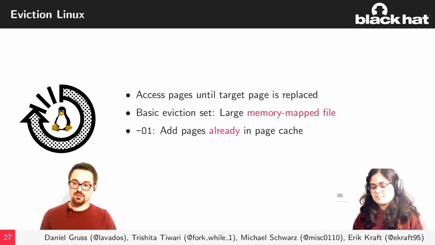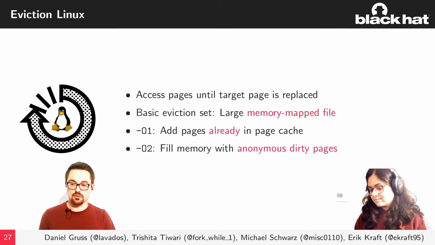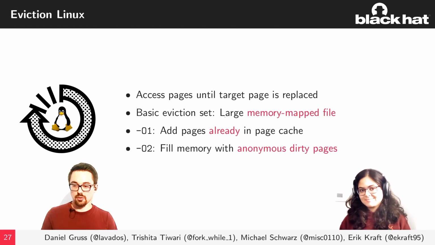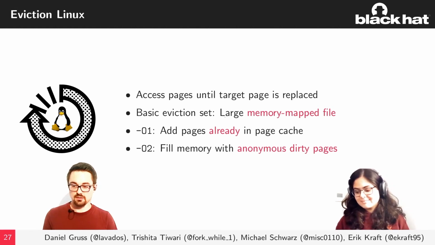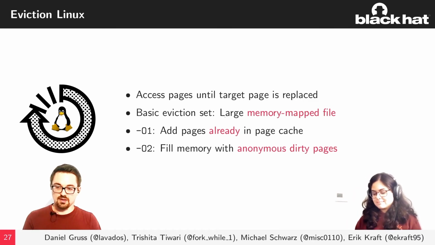The second optimization is filling the memory with anonymous dirty pages. Anonymous dirty pages are basically the last candidates for eviction, and even more so if you have swapping disabled, they can't be evicted. Therefore, this practically reduces the size of the evictable page cache.